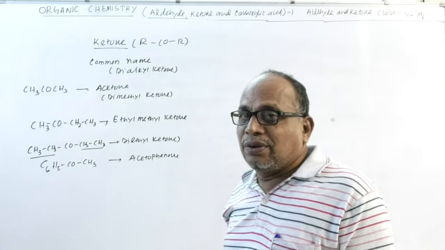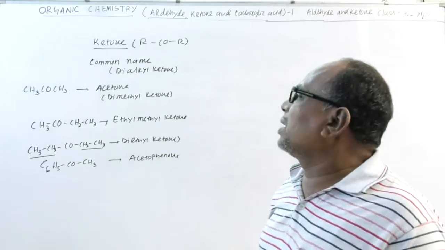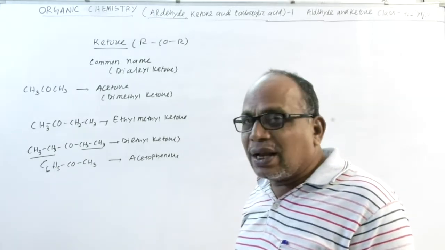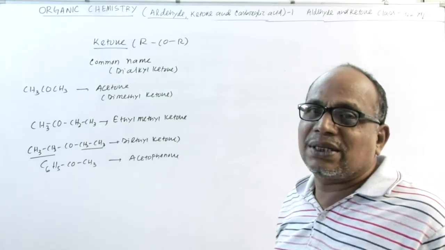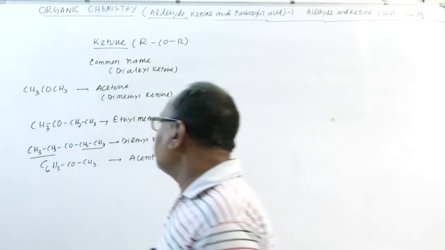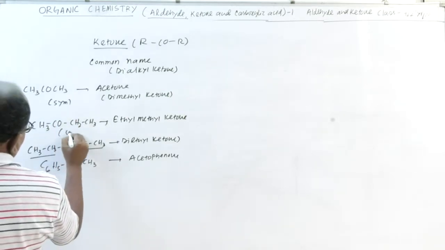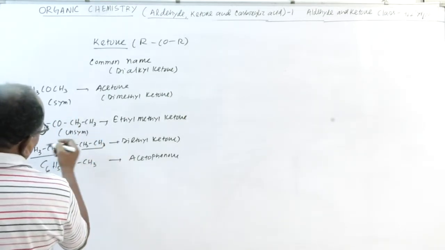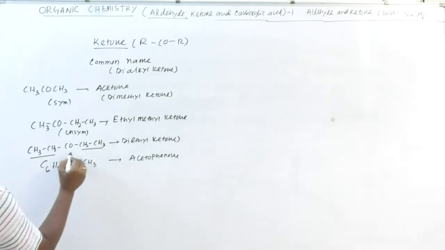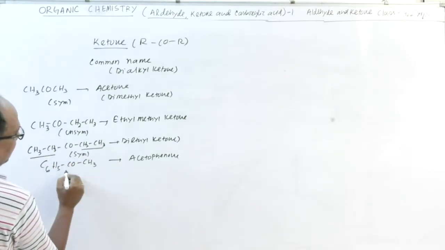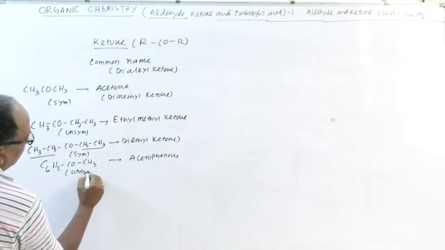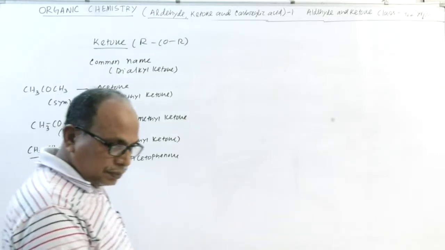And out of these, some are symmetrical, some are unsymmetrical. Can you identify which is symmetrical and which is unsymmetrical? This is symmetrical, this is unsymmetrical. Why? We got 2 different groups. This is again symmetrical, this is again unsymmetrical ketones.